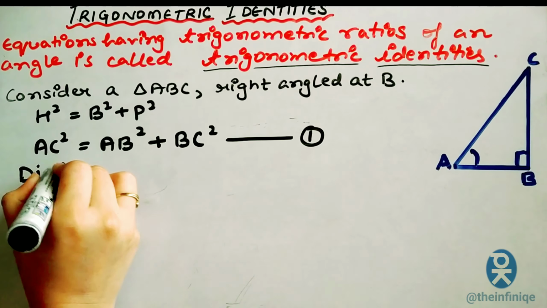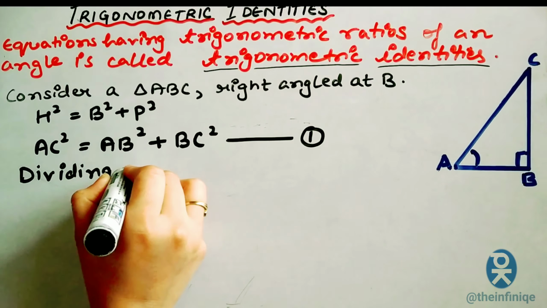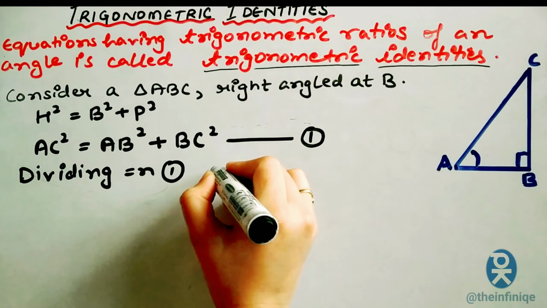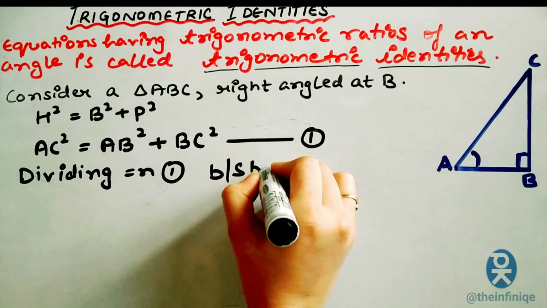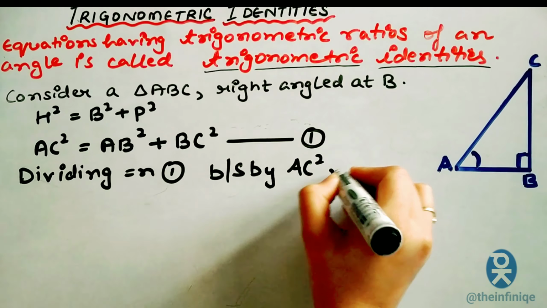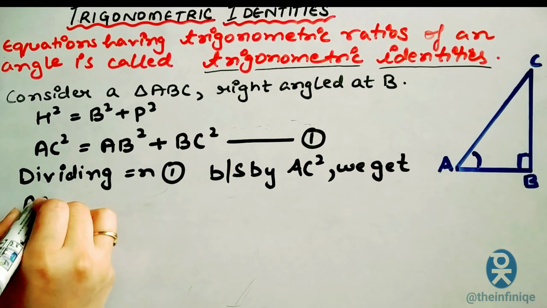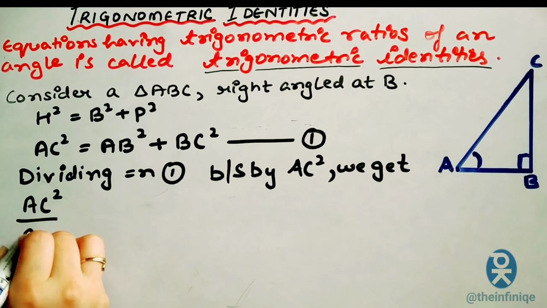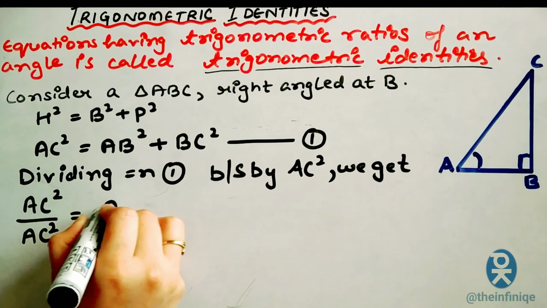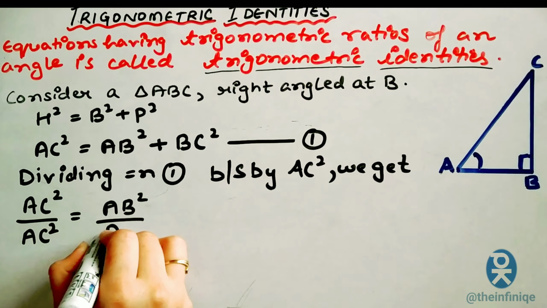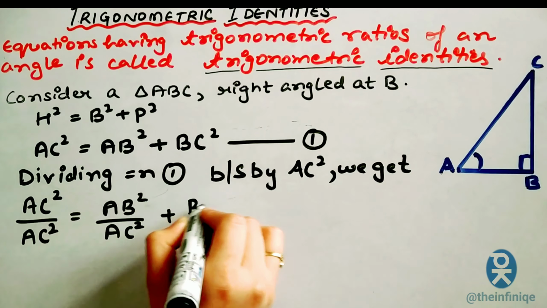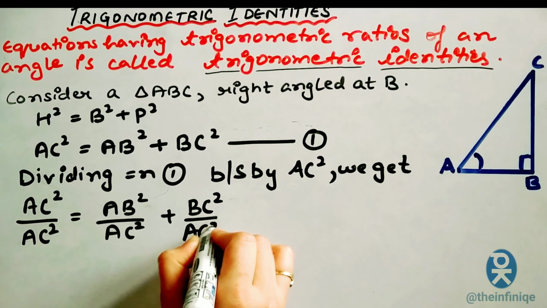Dividing equation first both sides by AC square, we get AC square upon AC square is equal to AB square upon AC square plus BC square upon AC square.